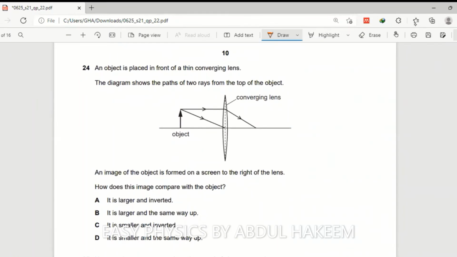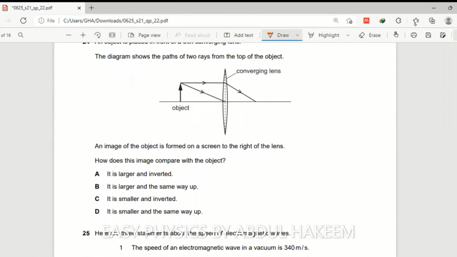Next is 24. An object is placed in front of a thin converging lens. So this is a convex lens. The diagram shows the path of the light rays from the top of the object. An image of the object is formed on the screen to the right of the lens. So look, this is the principal focus, it's going straight.